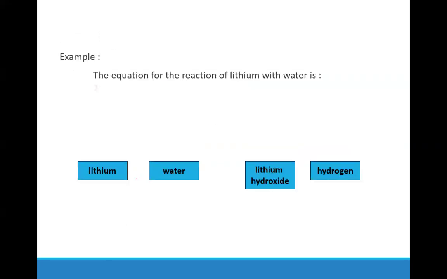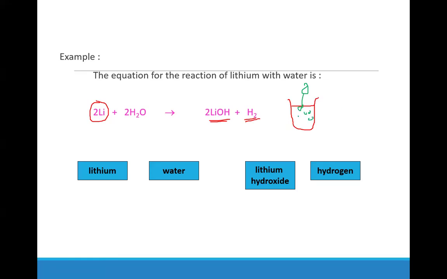So for example, if you drop a piece of lithium in water, it reacts with water to form lithium hydroxide, and you also see bubbles of hydrogen gas. Say you have a beaker filled up with water. If you drop a piece of lithium in water, it immediately starts reacting.